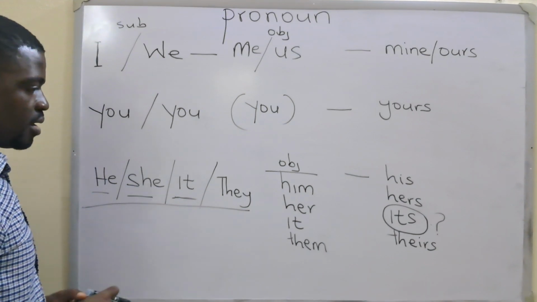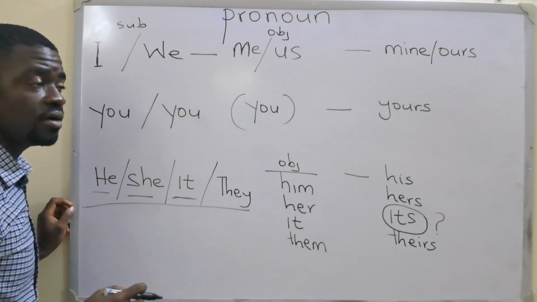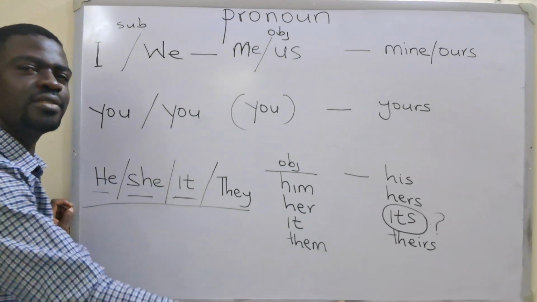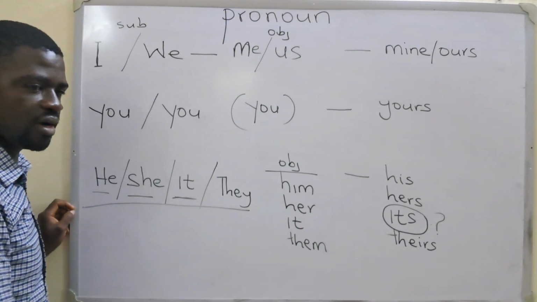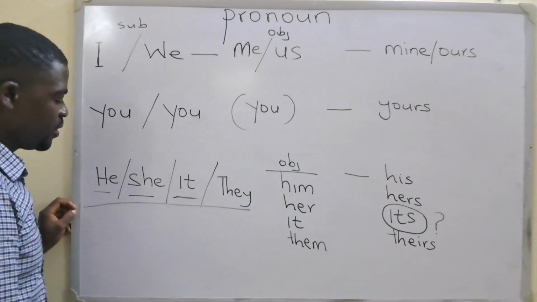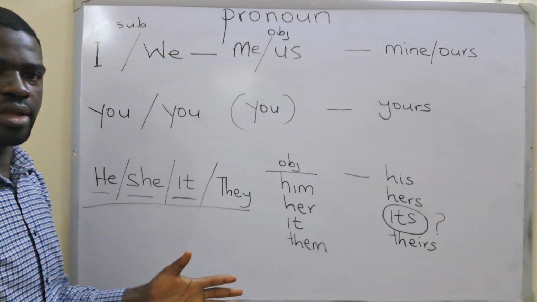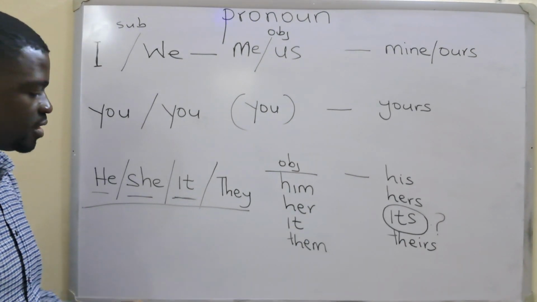So let's say you have a dog and you give your dog food. That means the food belongs to the dog. Now the dog is the owner of the food. And your dog is very hungry and it finished the food you gave to it.